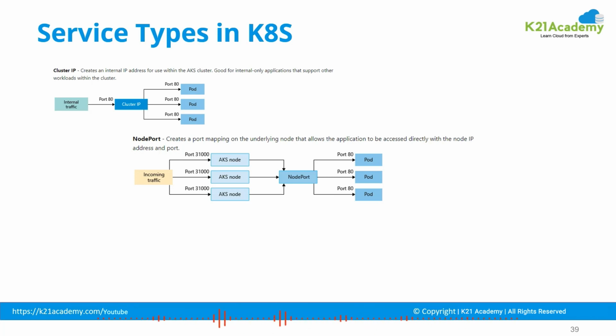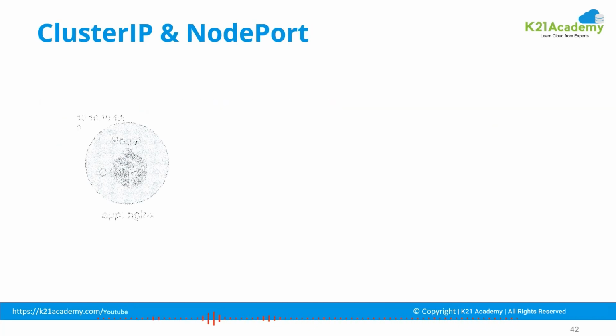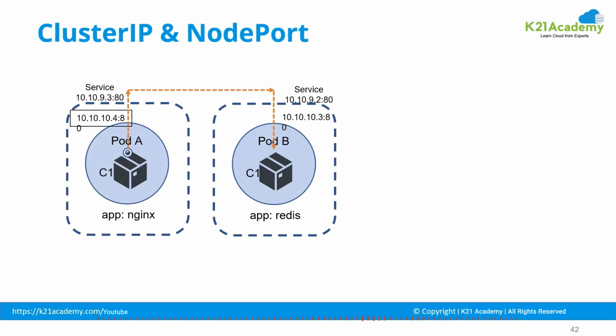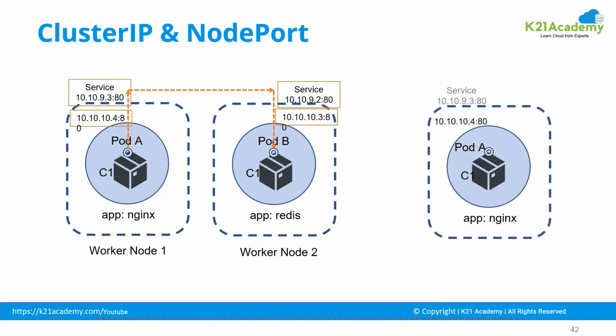The client will make a request to a node port type service, so a request goes to a node with a specific port number that will do the mapping to the service. I'll explain in a minute how this communication happens in a node port if a request is coming from externally.